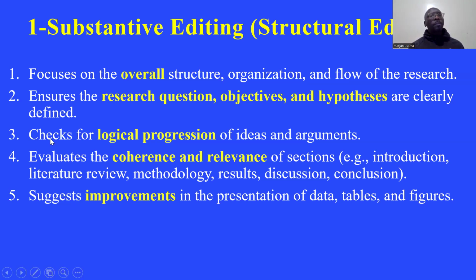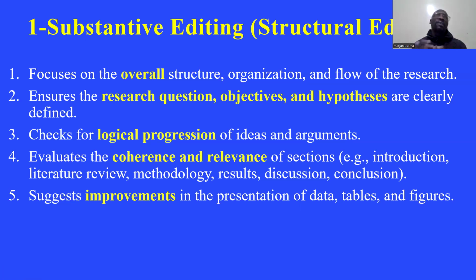Then number three, it also checks for logical progression of ideas and arguments. Remember yesterday, we were talking about literature review. So when you are doing a substantive editing, you have to ensure that there is some logical progression of ideas and arguments. So it basically means there should be no tashattut fi al-ma'lumat.